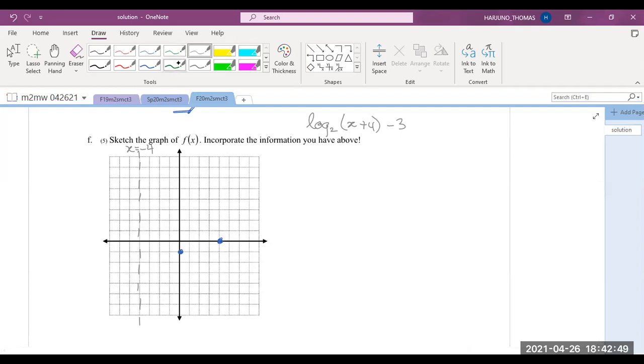Now let's talk about important coordinates of log base 2 of x. Log base 2 of x has these important coordinates. But I need to move 4 units to the left and 3 units down. So it becomes here. 4 to the left, 3 down, becomes here.